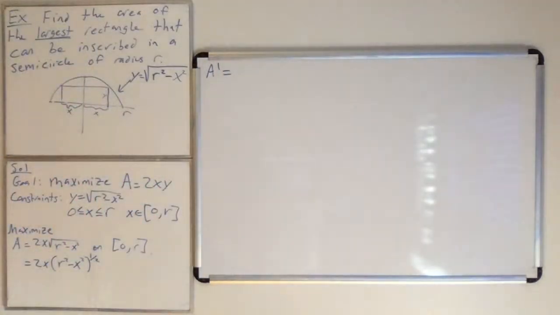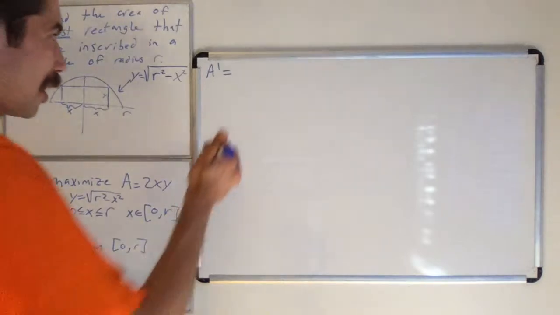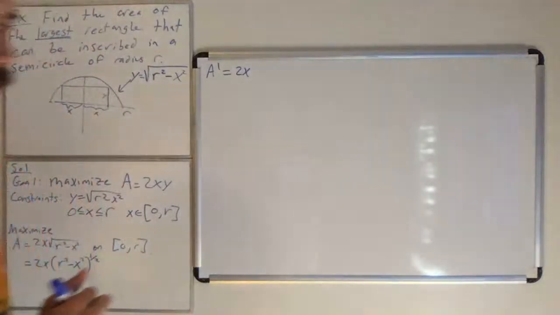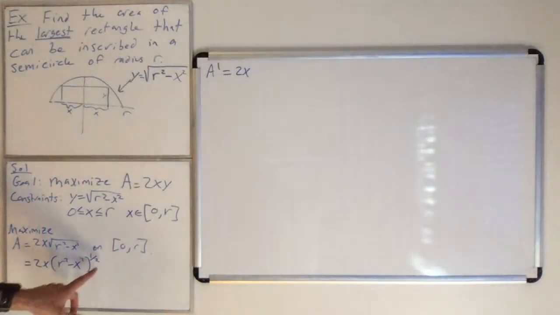Okay, so we want to take the derivative, and maybe everybody was focused on solving this by themselves, so they didn't want to answer my question. You want to take the derivative of a product, so we're going to need the product rule. So A prime is equal to the first, which is 2x, times the derivative of the second.